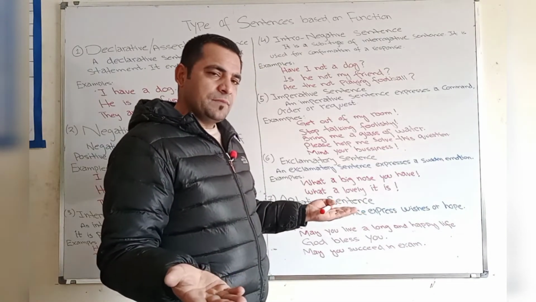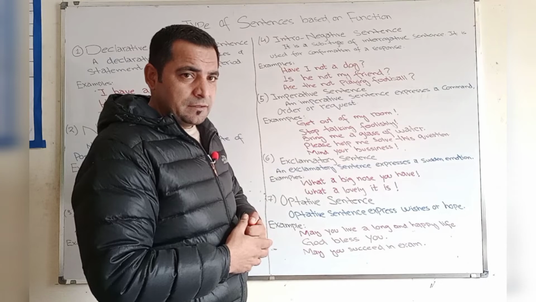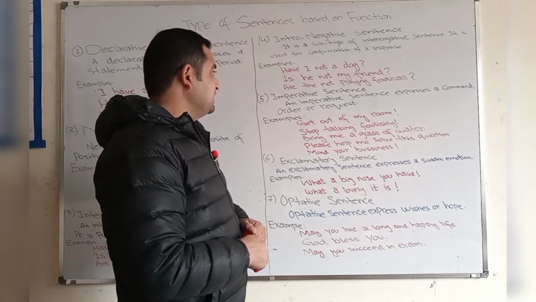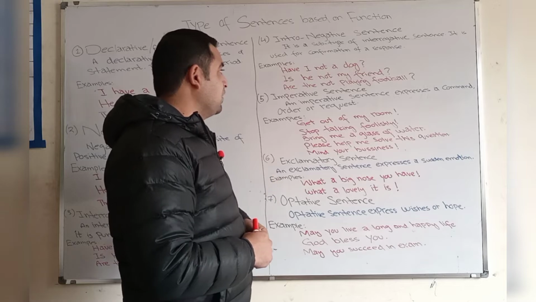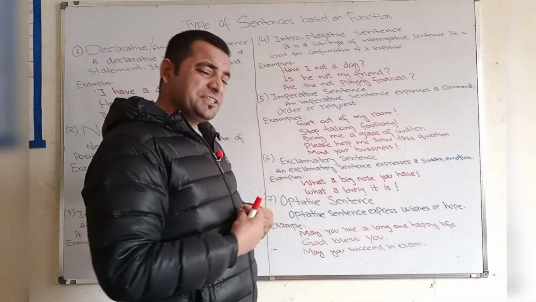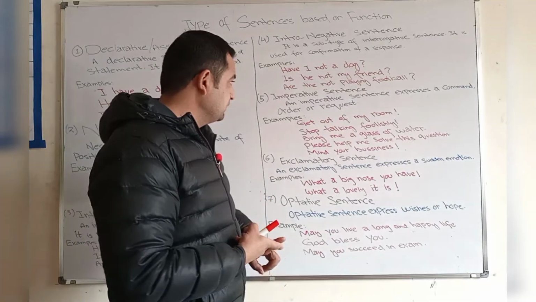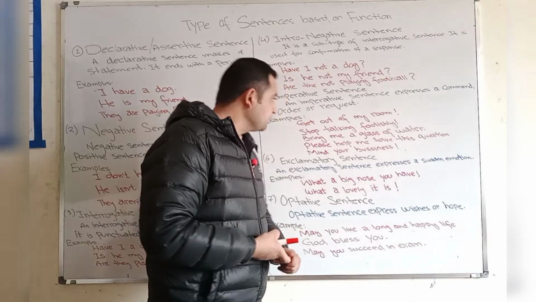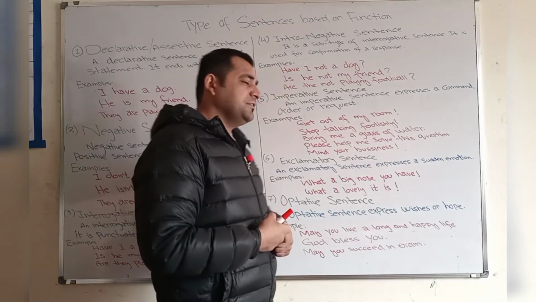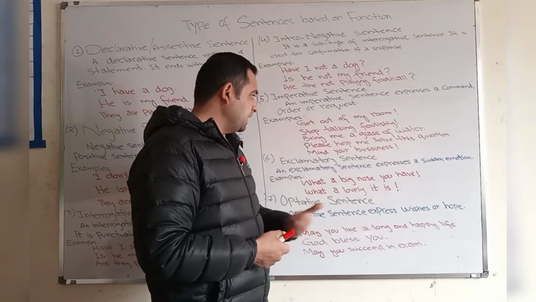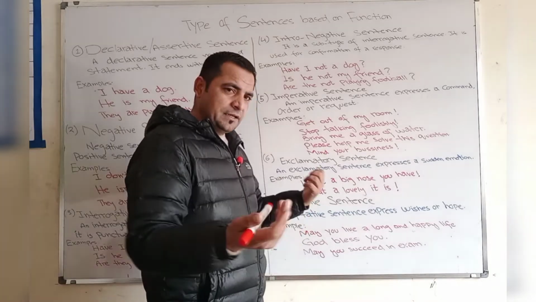It's again what? A command, right? So these sorts of sentences are examples of imperative sentences, and an imperative sentence expresses a command, order, or request. Got it? And usually the imperative sentence starts with a verb like get, stop, bring, help, and so on.